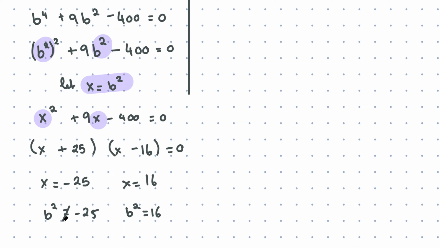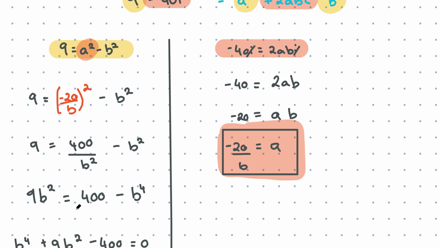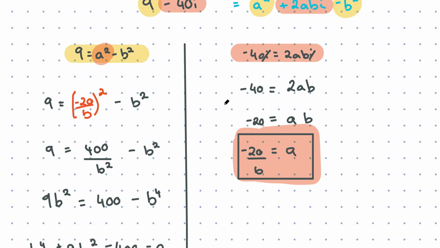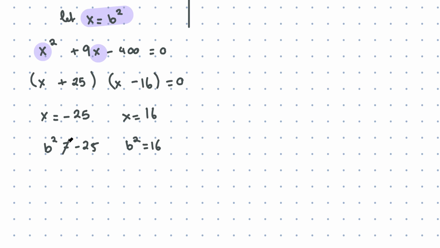Now, we're not going to be able to do this one because at the start, when we introduced the a plus bi, I should have really written it down, that a and b are elements of the real number set. So I can't have a solution where b squared is equal to minus 25, because that would give me the square root of minus 25, and you should know that that produces an imaginary number.